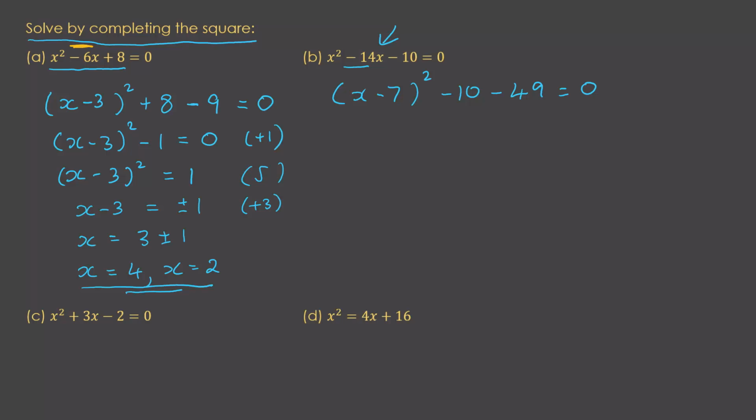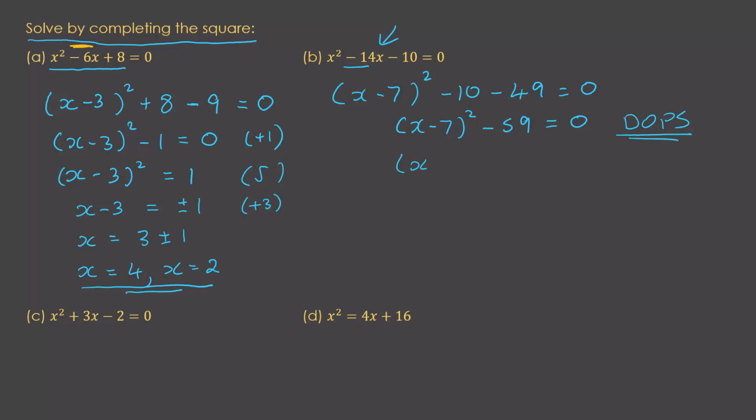And so I now get, when I tidy it up, I get x minus 7 all squared, take away 59 is equal to 0. Now, you can actually factorize at this point because this is a difference of two squares.